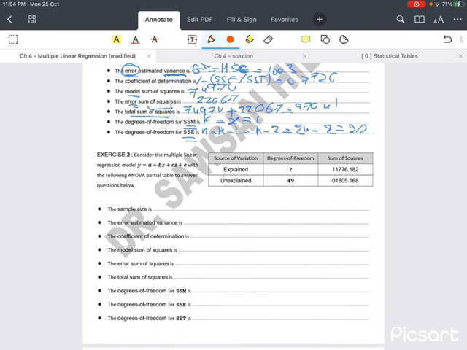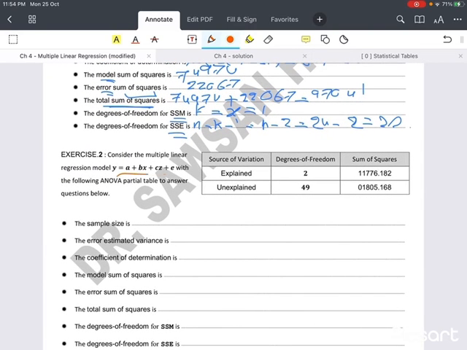Consider the multiple linear regression model. So we have another linear regression here. Multiple. It contains X and Z, with the following partial ANOVA table. Answer the questions below.